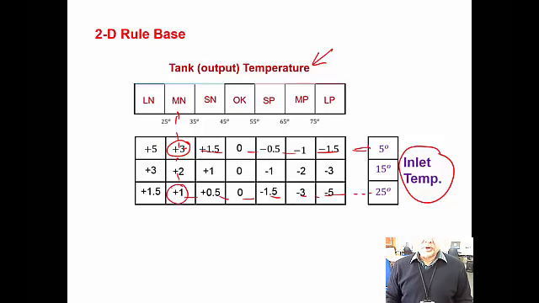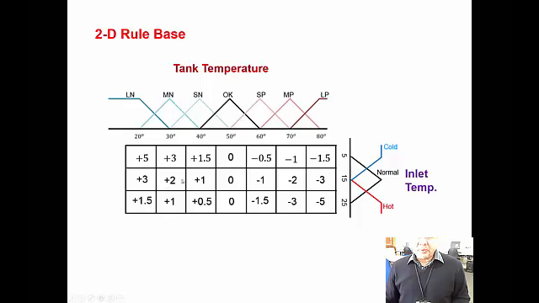But of course, here we're still using crisp membership functions, and we know the problem with crisp membership functions is that we are going to get widely different actions for similar conditions. Implementing this in fuzzy, we use triangular membership functions. So this is what we used before when we had only the output temperature as the measured quantity.